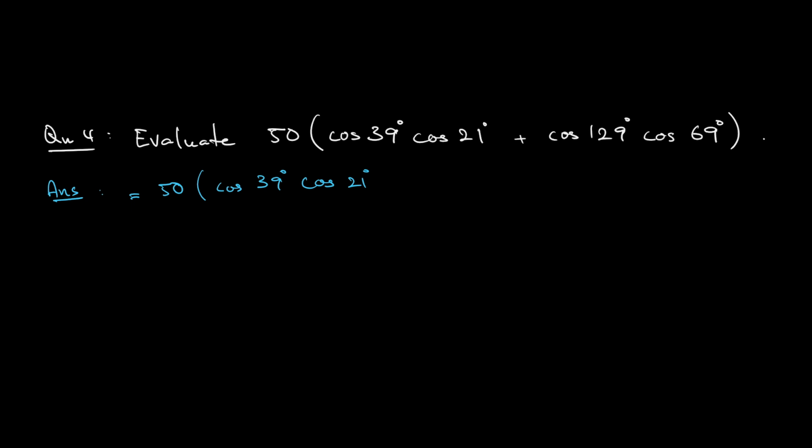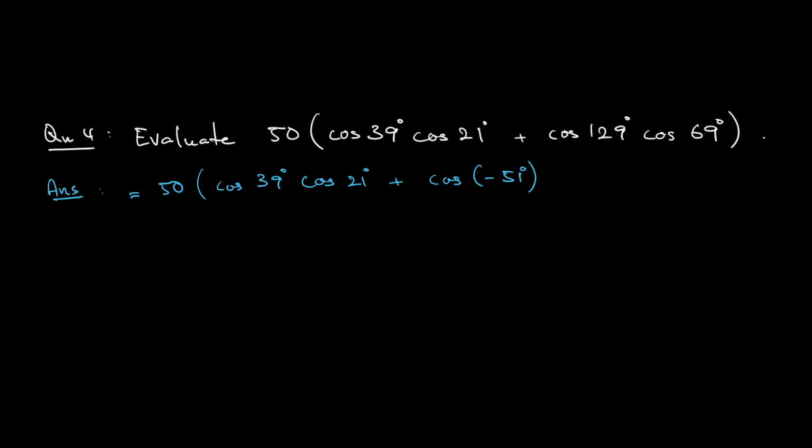About cosine 129, I can change it to cosine negative 51 degree. And cosine 69 degree, I can change it to sine of 90 degree minus 69, so that would be sine 21 degree. Probably I can clarify here.